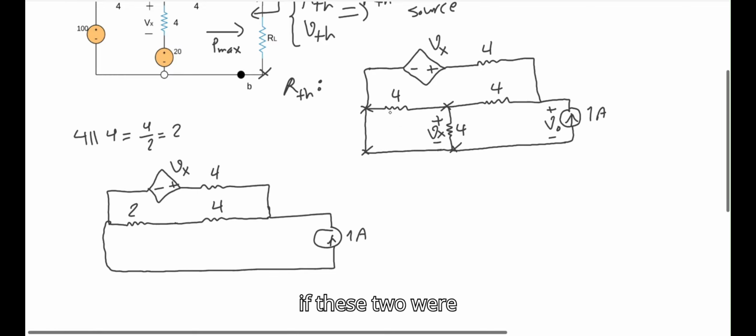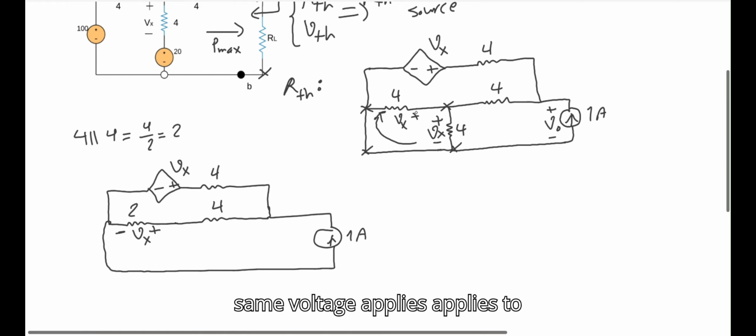So if these two were in parallel, Vx will be now transferred to these 2 points, which is here and here. I have Vx because these two are in parallel, so the same voltage applies to both resistors.